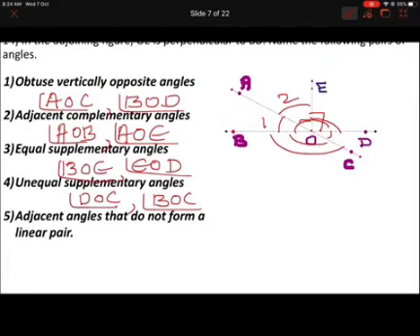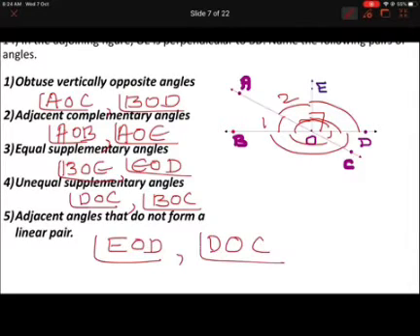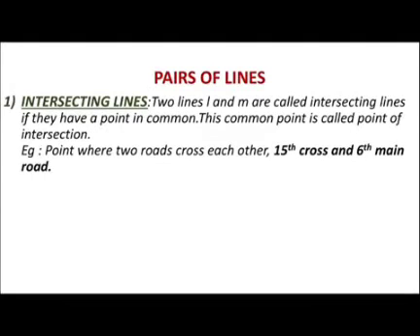Now adjacent angles that do not form a linear pair. Yes, there are adjacent angles which are not forming a linear pair. There are many. Here, there is one, angle EOD and angle DOC. They form adjacent angles, but they do not form a linear pair. Okay, children? Next.